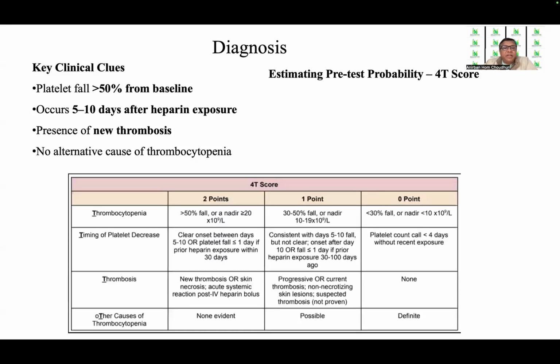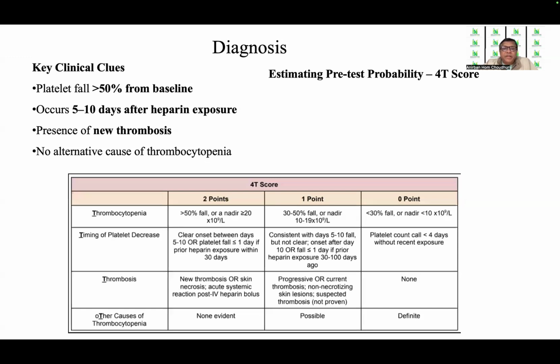And in such patients, we have to estimate the pretest probability using a 4T score, where the 4Ts are thrombocytopenia, timing of platelet decrease, thrombosis, and other causes of thrombocytopenia. So a total of 8 points can be attached to this 4T score.